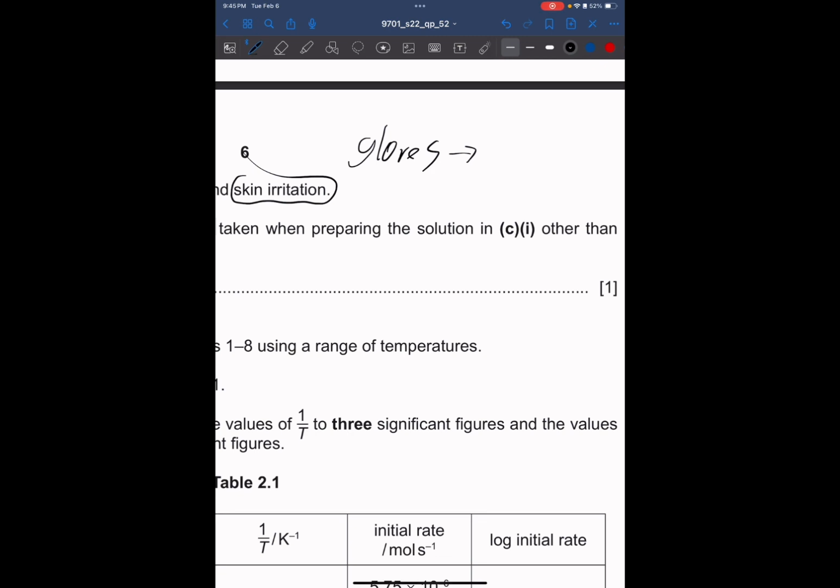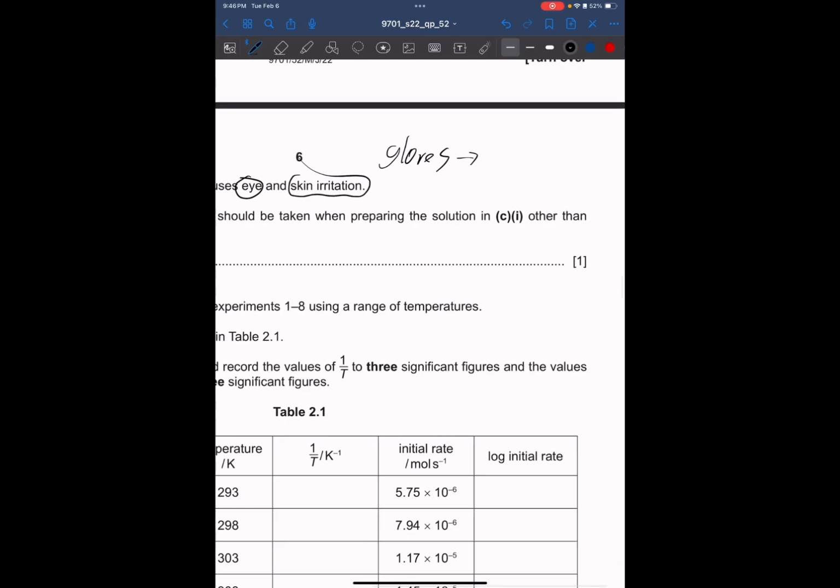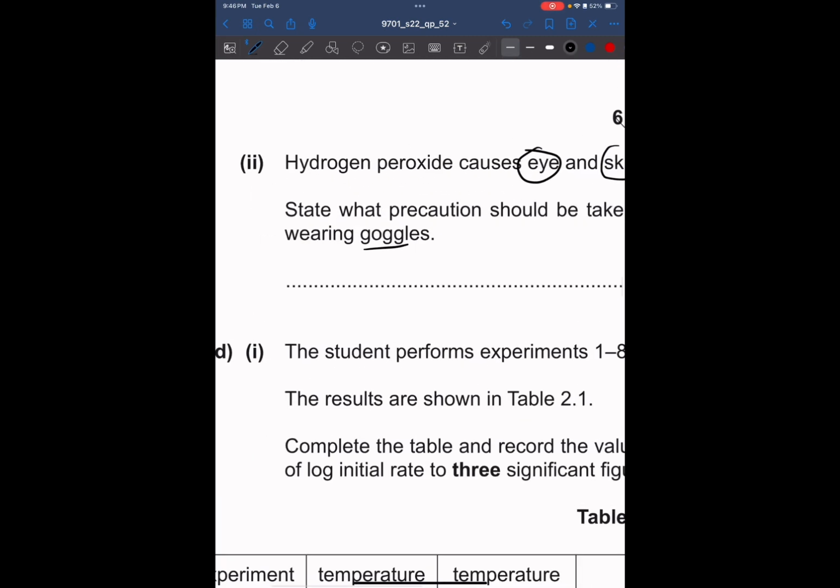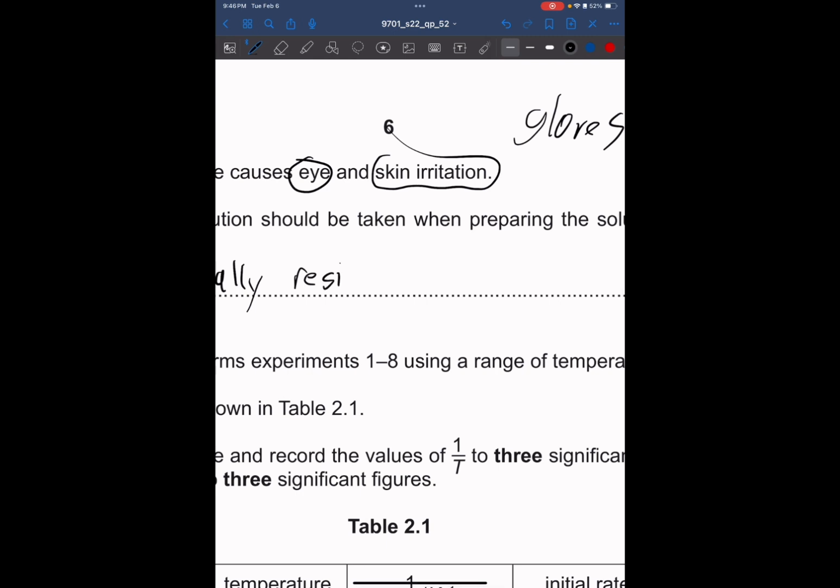So it still penetrated into my skin and it burned pretty bad. So even if you're wearing gloves, that gives you a layer of protection, but those gloves really have to be chemically resistant. So use chemically resistant gloves.